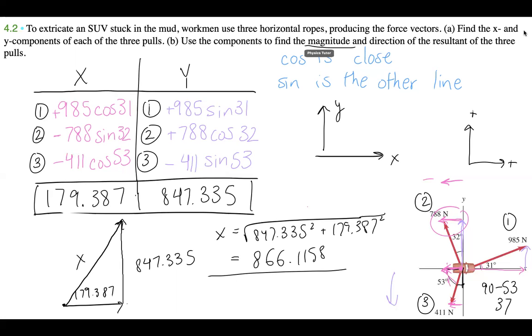What about the direction? Okay, the direction, we're just going to look for this angle right over here. So this angle, let's call it theta, and I'm just going to use a different color so that we can see it a little bit better. So let's make it blue. So this theta is going to be equal to the tan inverse of opposite over adjacent, right?